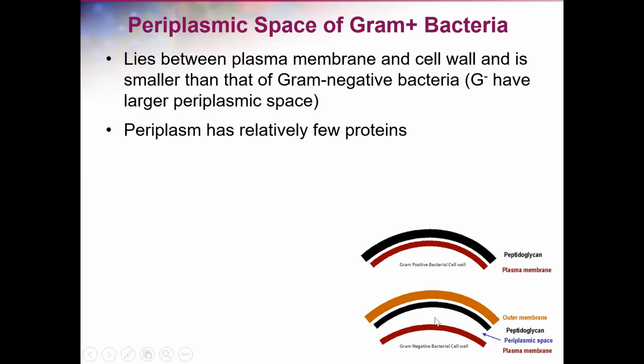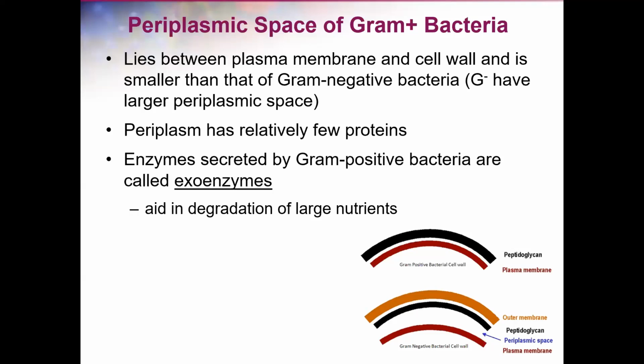So you have more space in Gram-negative compared with Gram-positive. Anyway, this is just a tiny difference. I really hope we can know the difference between these two, so that we understand better. We know most of the pathogens are Gram-negative, right? Now you can see the space is not 100% useless. It actually contains a lot of enzymes.